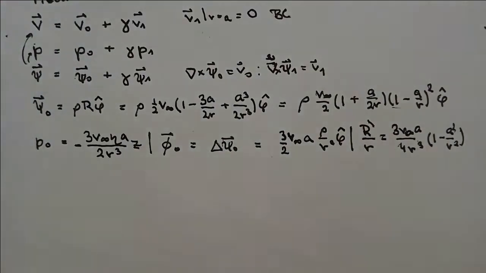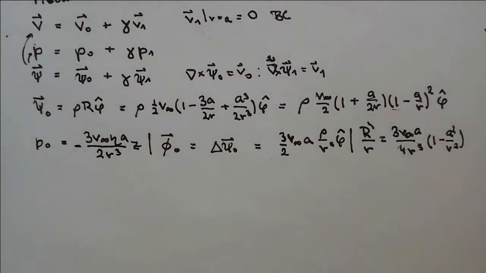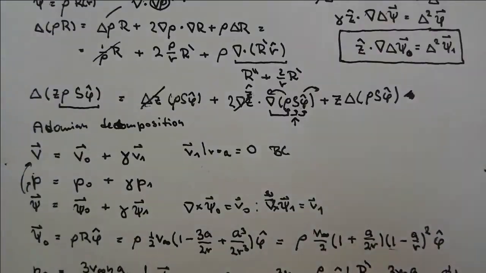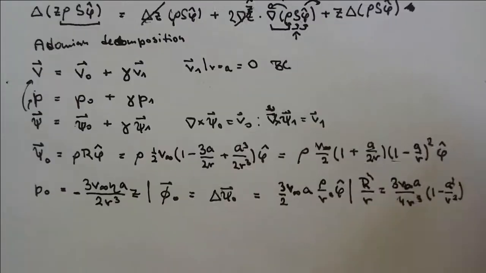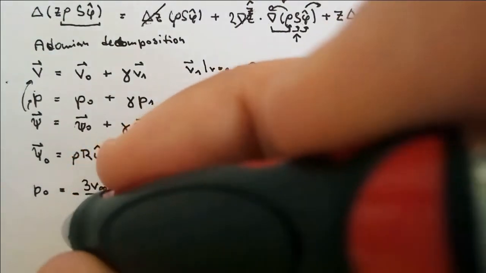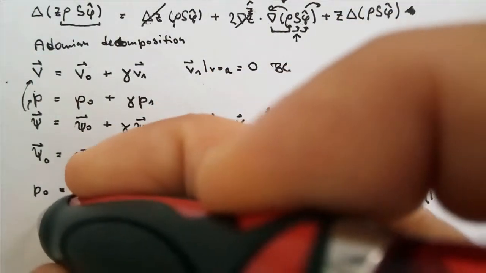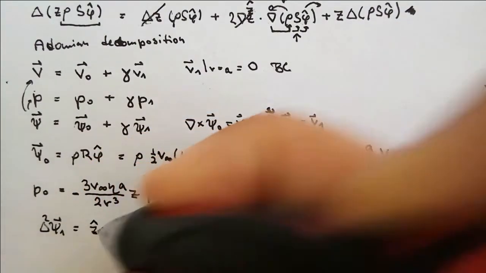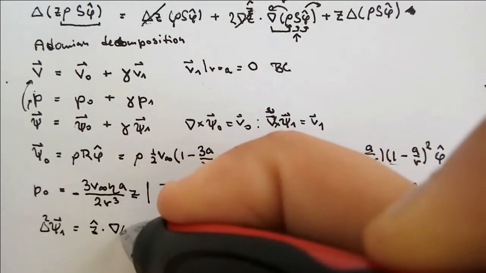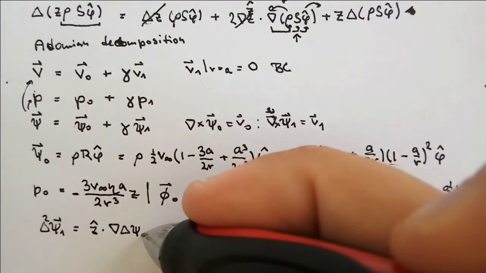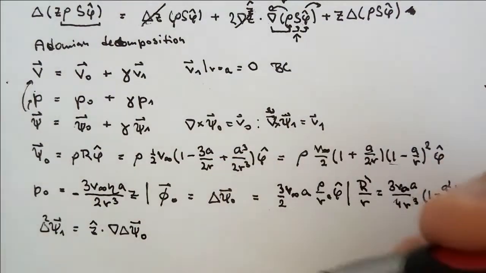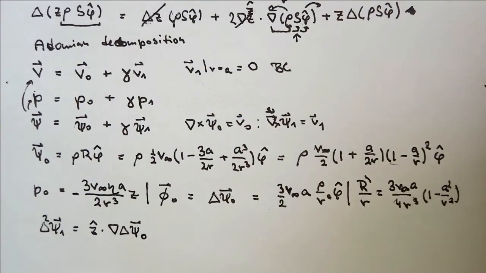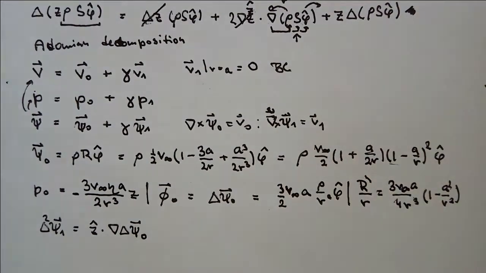So next, now we will substitute this form in this equation. So the square of Laplacian of psi 1 is going to be z hat dot product with the gradient of the Laplacian of psi 0, and the Laplacian of psi 0 I will compute very easily, because it's going to be this.